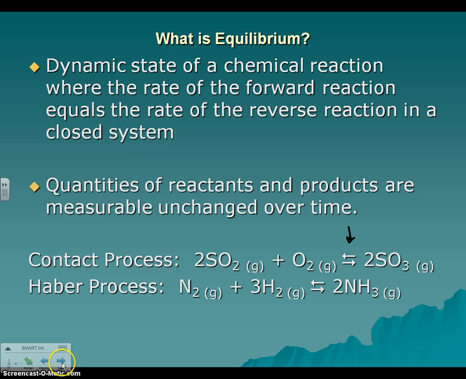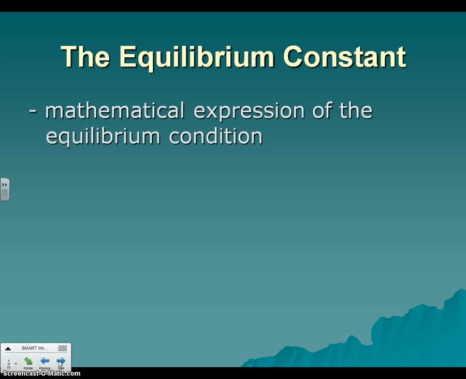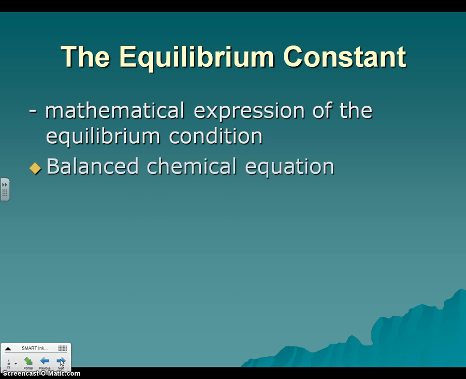Now, as chemists, we are interested in the products of our reactions, not so much the reactants. So we want to know how the amount of products compares to the amount of reactants. This is the idea behind the equilibrium constant. The equilibrium constant gives us that mathematical expression of our position of equilibrium, that ratio of products to reactants.